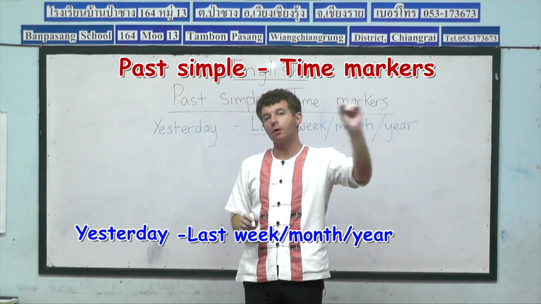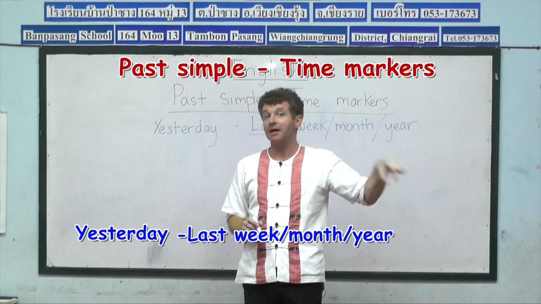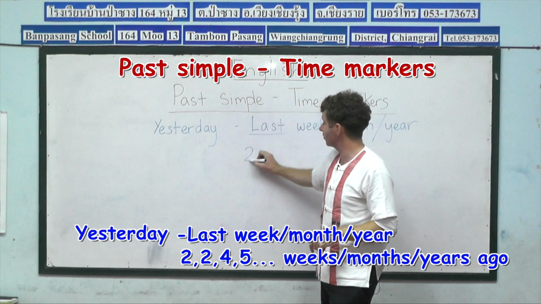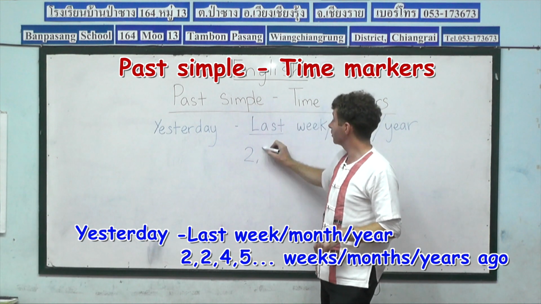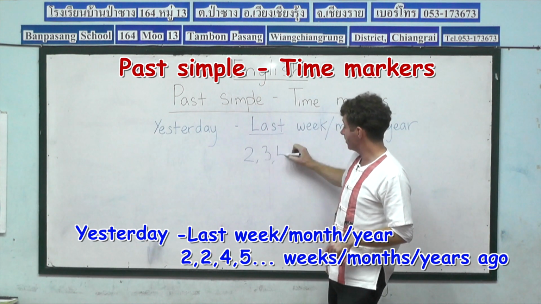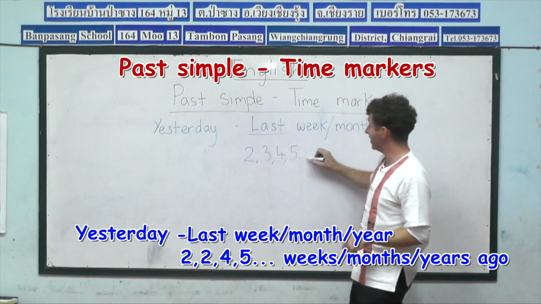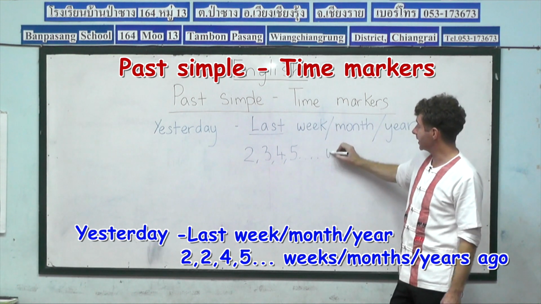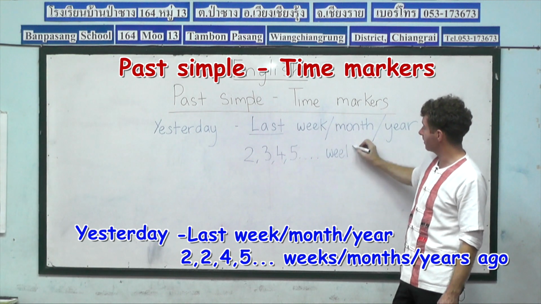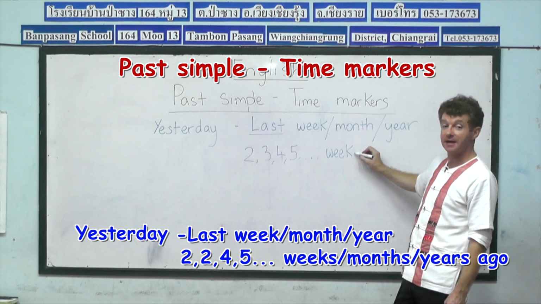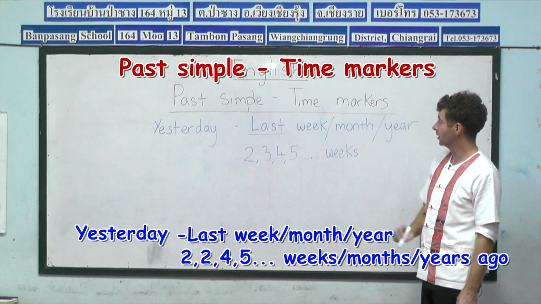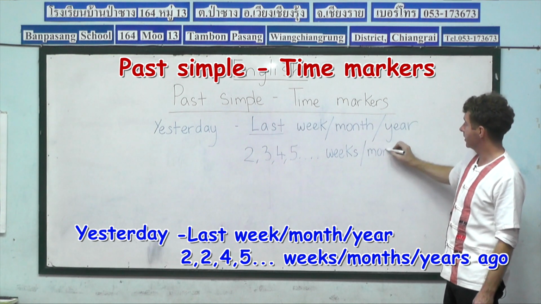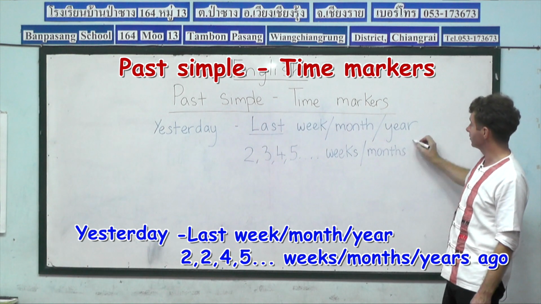But if we want to go further back than last, last means previous. We could use others like 2, 3, 4, 5 weeks. And remember, because we're talking about more than one, what do we need at the end? S. Months.